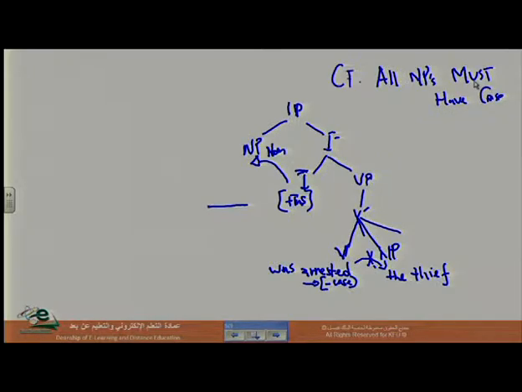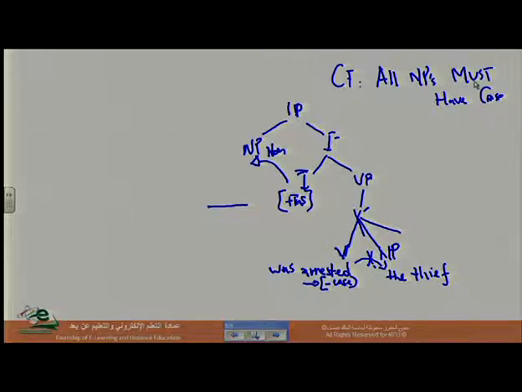Case filter. Okay? Now, this is some kind of condition on the visibility of NPs. A noun phrase cannot be used unless it has case. If it doesn't have case, it cannot show up in a structure. So this NP here, the object of the verb was arrested, will be left without case if it stays there.